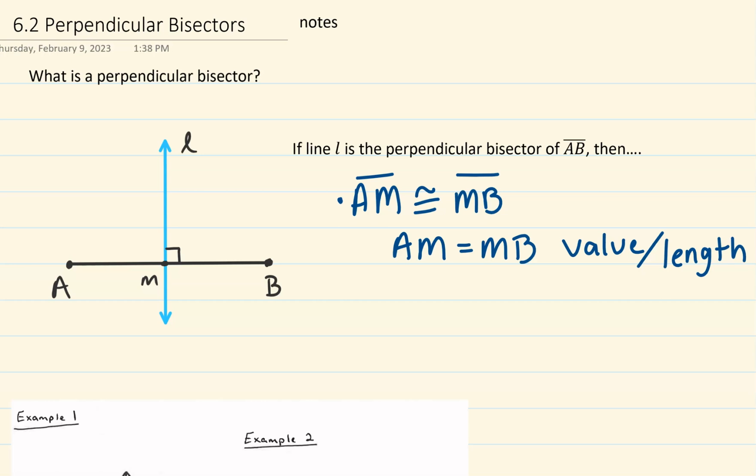When you are justifying something on your homework today, when you're explaining your reasoning, it's okay with me if you choose which one of these you want to use. You can either say that AM is congruent to MB, or you could say that AM is equal to MB. The other thing we know, and I'm going to go ahead and number these two angles, is that angle 1 and angle 2 are right angles.